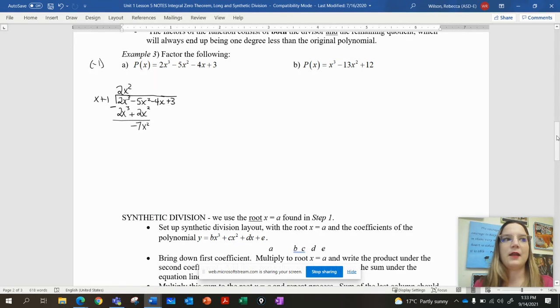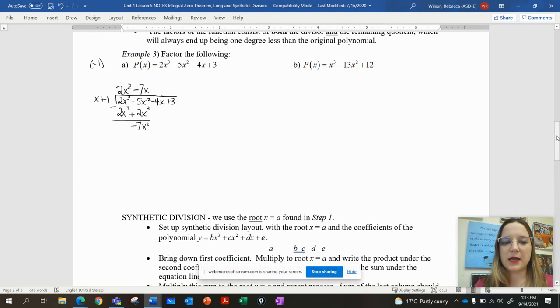Now negative 7x squared is the next term I want to make. That negative 7x squared, or what's left, is then going to be divided by that first term out in front. So what's negative 7x squared divided by x? Negative 7x. So that negative 7x will go on top. Then again, I'm going to take this x plus 1 and multiply it by negative 7x.